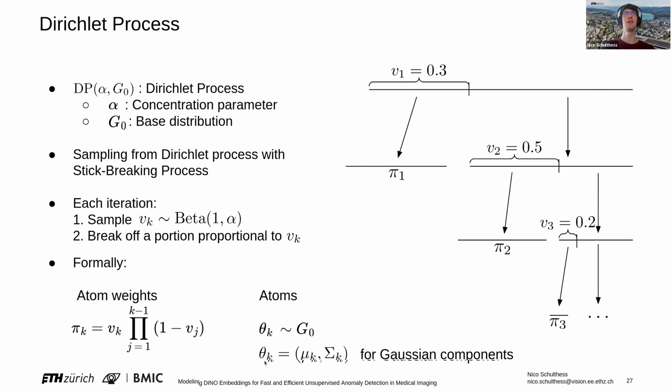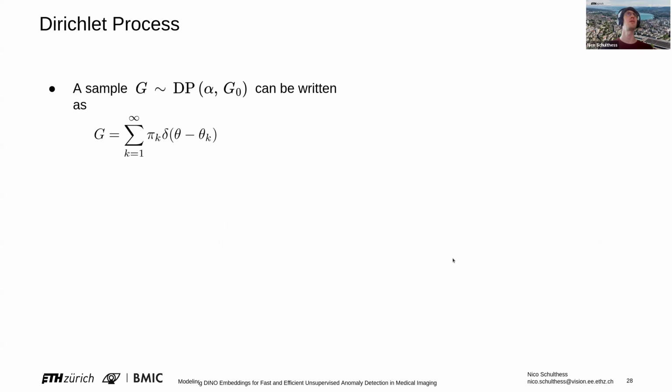For example, for Gaussian components, the atom consists of the mean and the covariance matrix. And now we can formalize this sample from the Dirichlet process as the weighted sum of the different atoms, with this delta distribution.